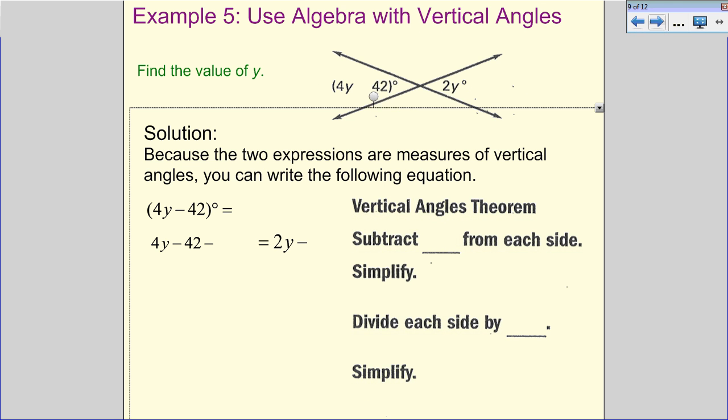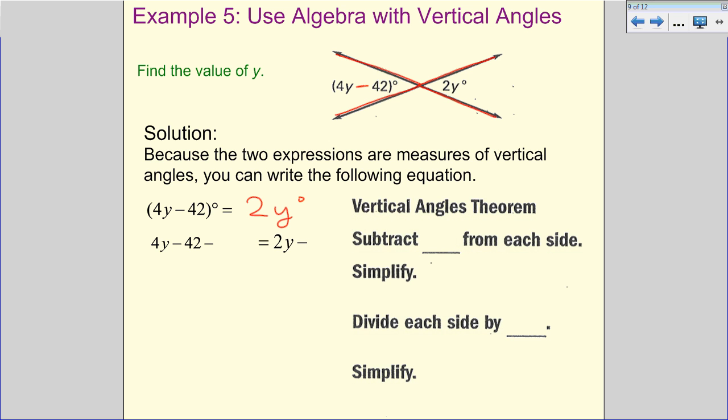All right, now what we're going to do is use our algebra. Yay! We get to use algebra. So I'm trying to find the value of y. This should be a subtraction. For some reason the minus isn't showing up here in my video guide. Sorry for that. So what we know is that these are two vertical angles. I need to be able to look at this, outline these, see that they are not adjacent. But I know 4y minus 42 degrees is equal to 2y degrees.